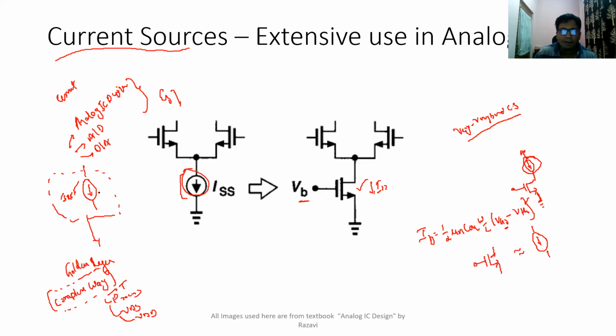Whenever you need to bias any circuitry using a current source, we will copy this current, using our MOSFET, wherever you require it. So we just use a copy circuit.